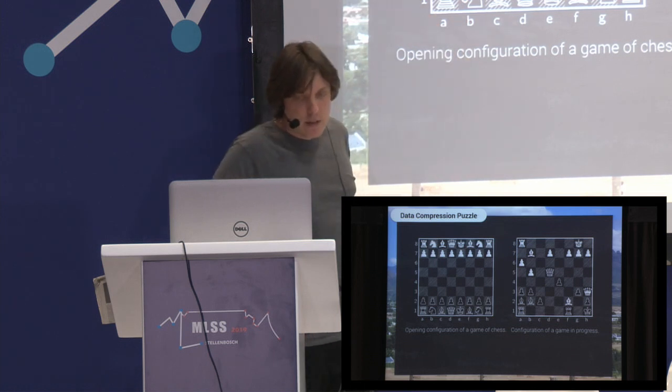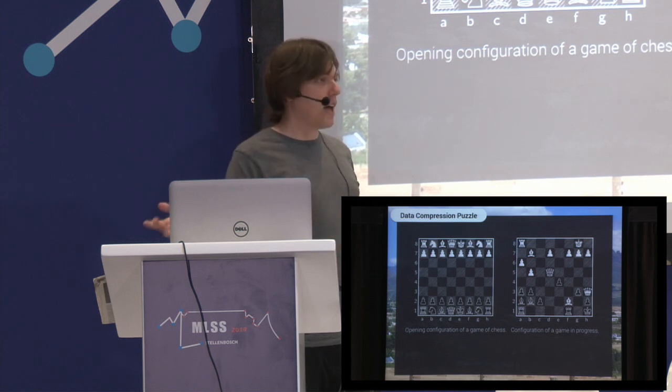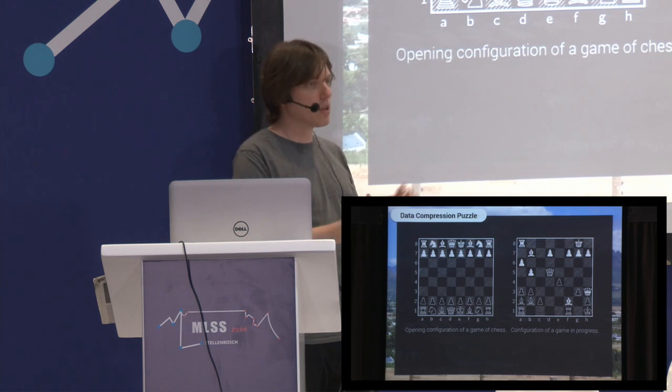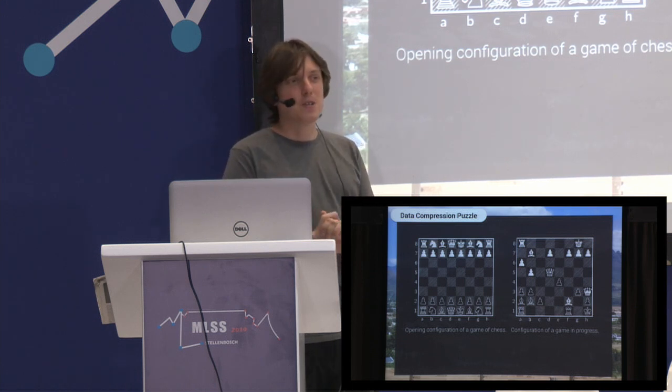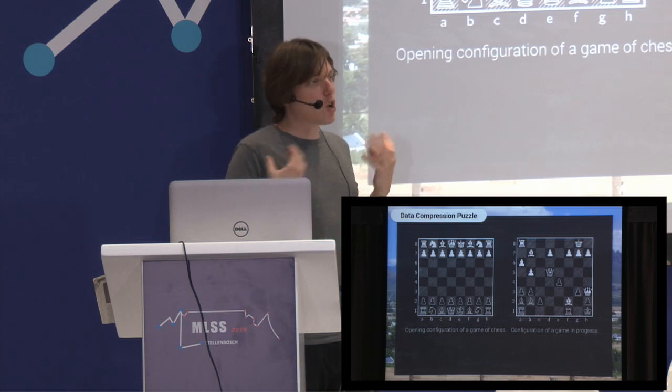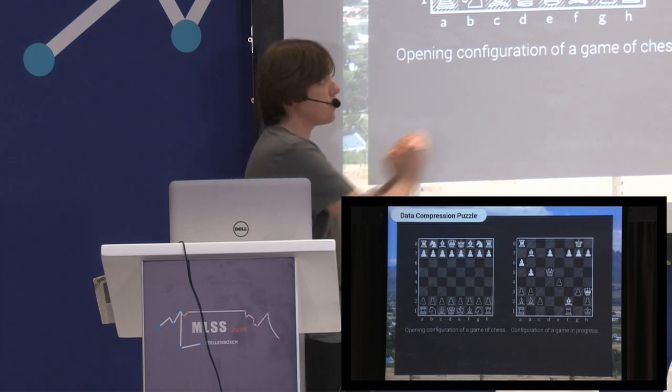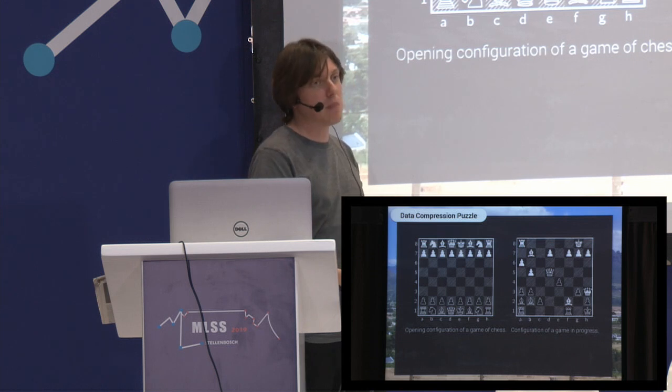And effectively, what we want is the distribution over board configurations. So what we're asking is, what are people everywhere in the world most likely to put on a chessboard, whether through a game or through a puzzle or whatever, so that we can expect that our communication of that particular board configuration to someone else is minimized.